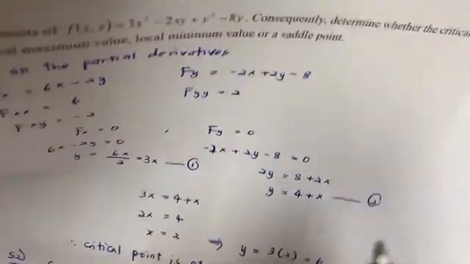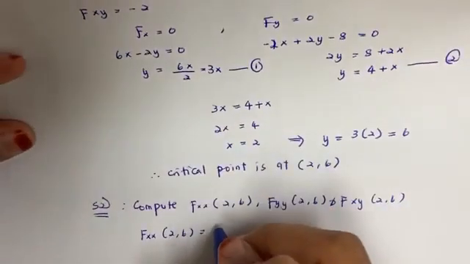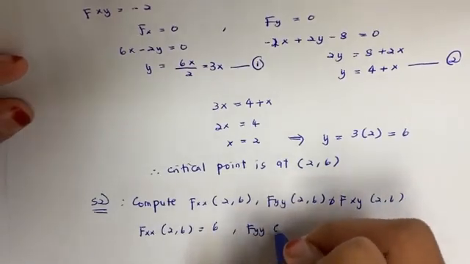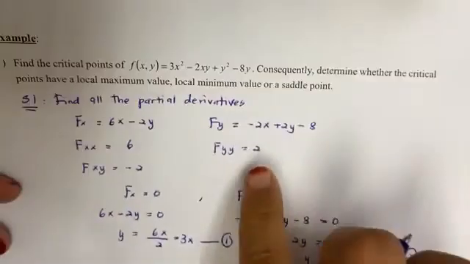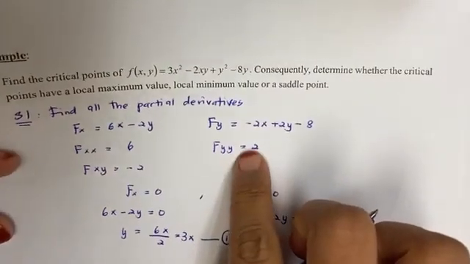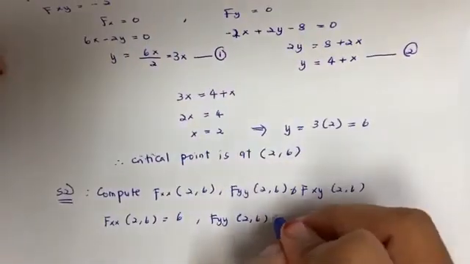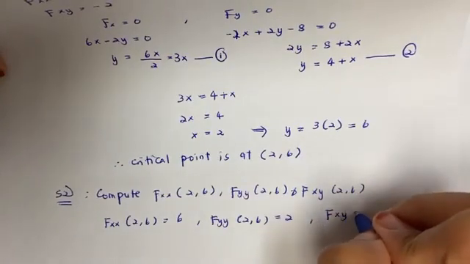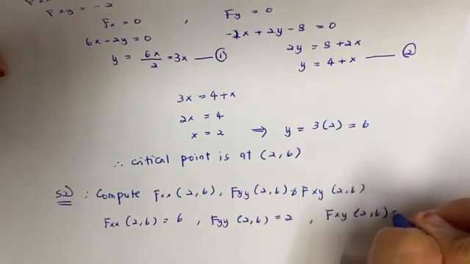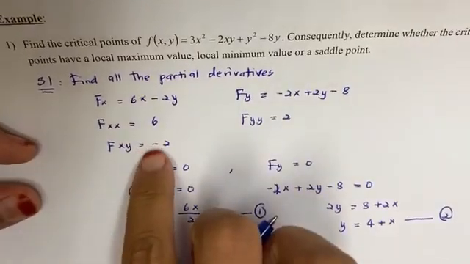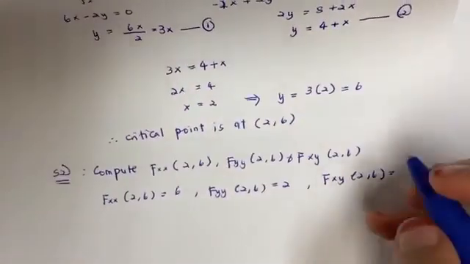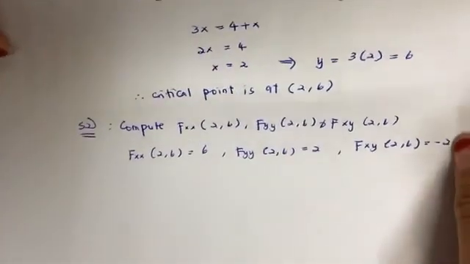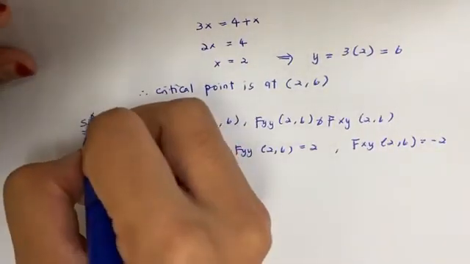Substitute 2, 6, it is equal to 6. fyy at 2, 6 is equal to 2. So substitute the value of x and y, you have 2. And the last one, fxy at 2, 6 is equal to minus 2. Substitute x and y. This is minus 2.